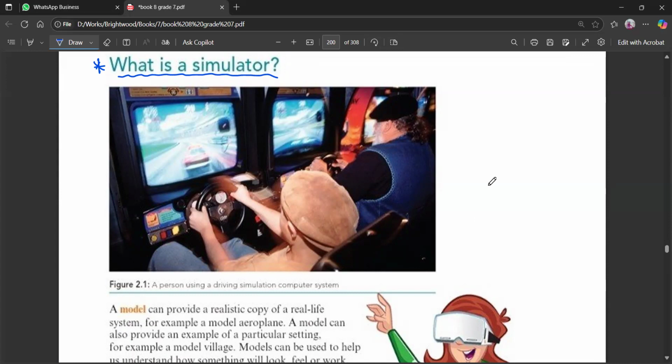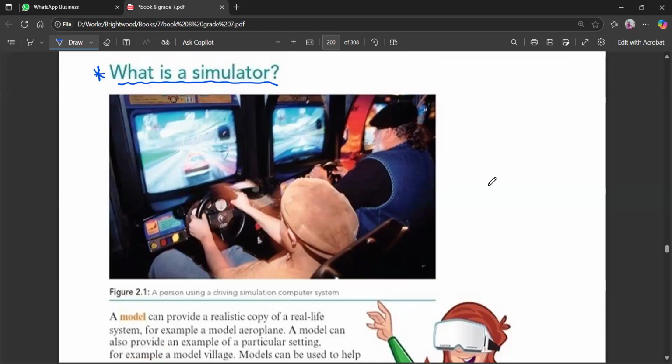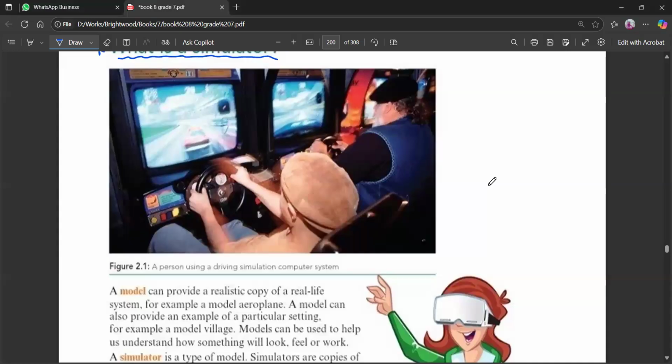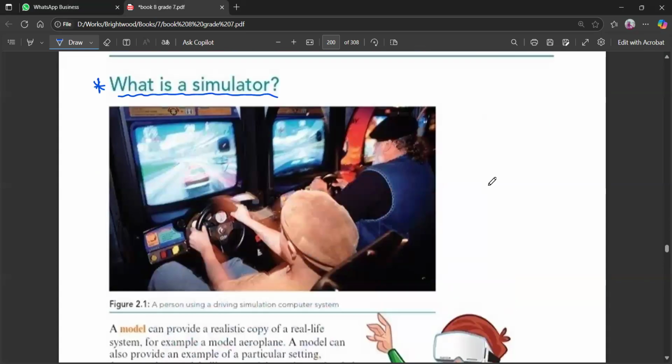A model can provide a realistic copy of a real-life system. For example, an aeroplane is a kind of model. It provides a real-life scenario. A model is actually a copy.